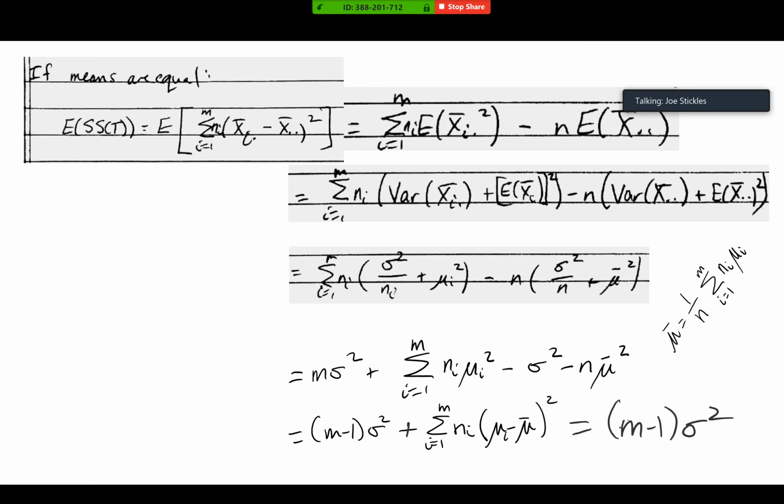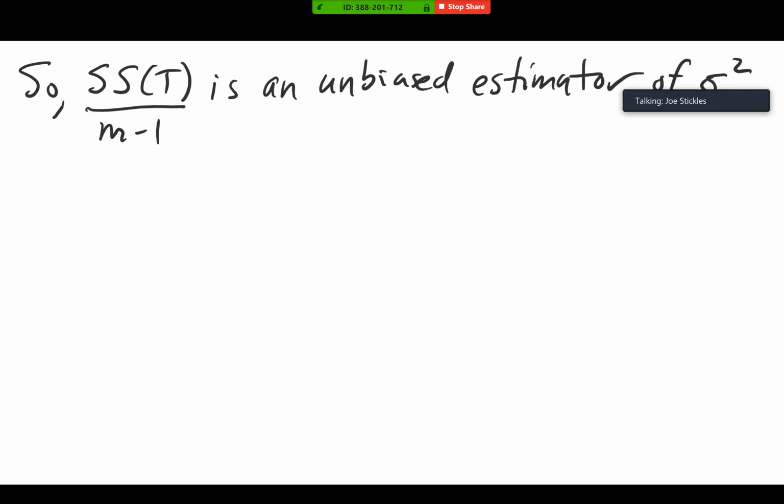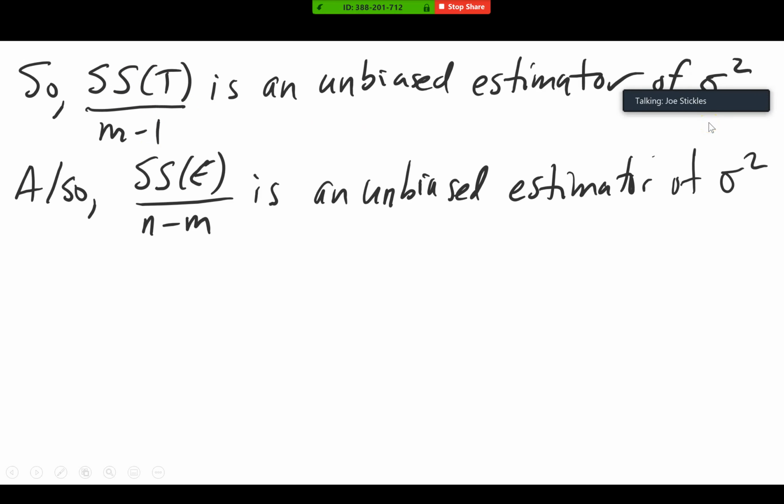So when we take the SSE and divide by its degrees of freedom, its expected value will also be sigma squared. So the whole point is that if I take my SST and divide by n minus 1, I get an unbiased estimator for sigma squared. If I take my SSE and divide by n minus m, I also get an unbiased estimator of sigma squared. We're already saying that both of these are chi-squared distributions as well.